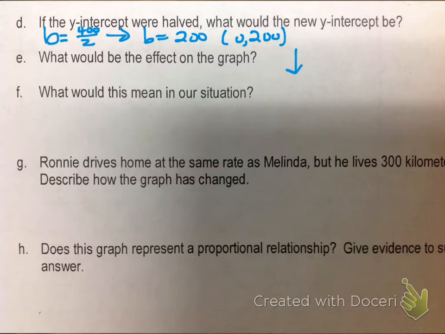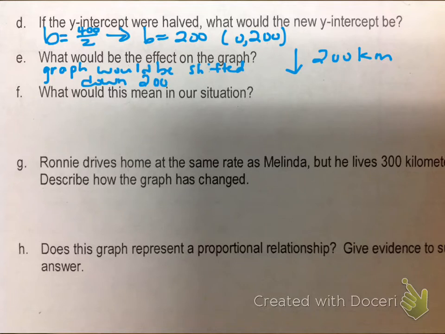Well, what's half of 400? That's 200. So we're going down 200 kilometers. So the graph would be shifted down 200 kilometers. Okay, and that's of course down the y-axis. Now, just like the 400 or the 440, what does this mean for our situation, or what does this mean for Melinda? Well, for Melinda, this means that she's actually closer to home.